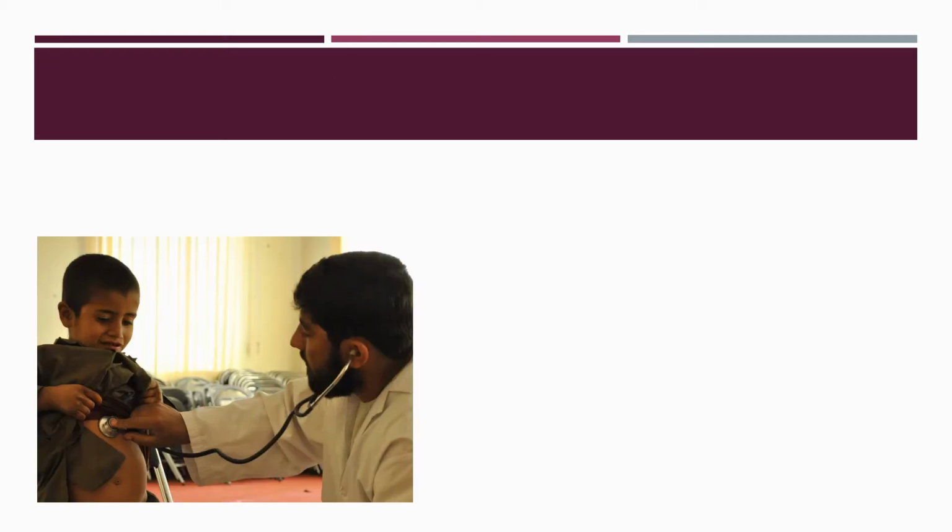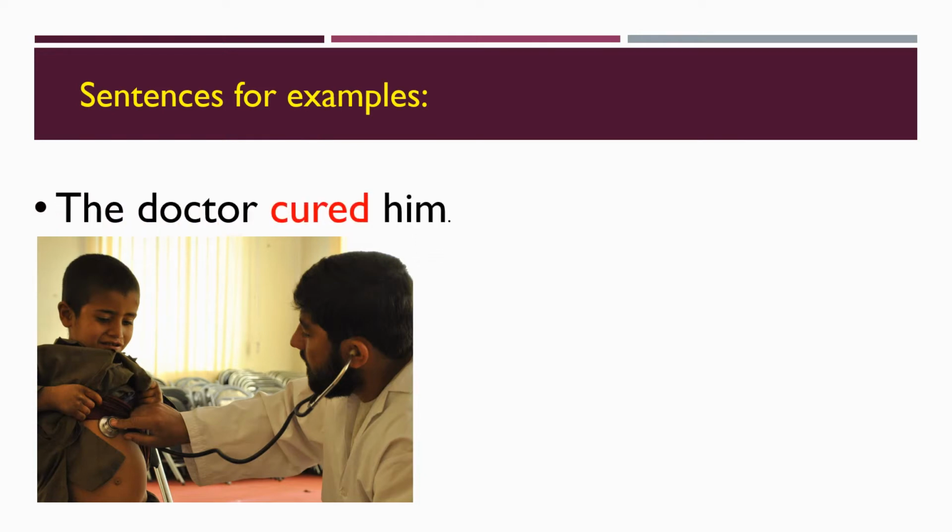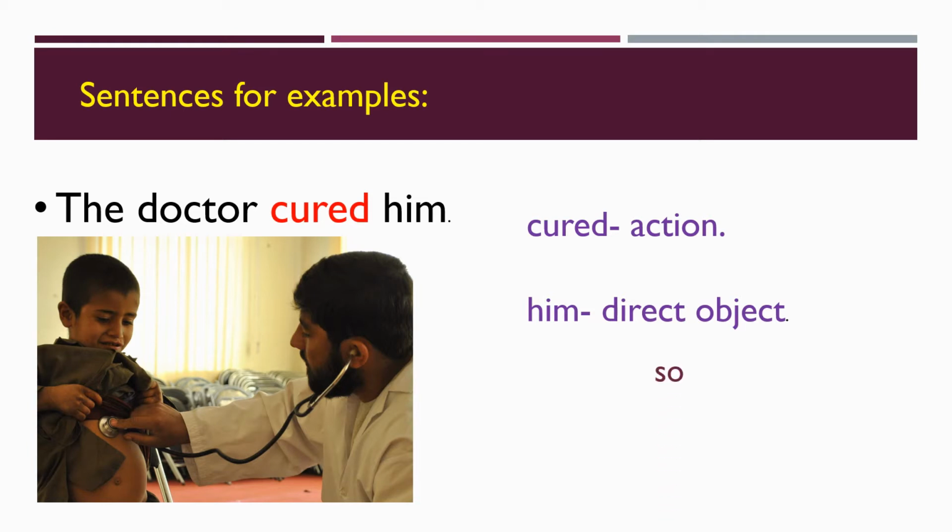So let's look at more example sentences having transitive verb. The doctor cured him. The cured here is the action and him is a direct object. So it is a transitive verb.